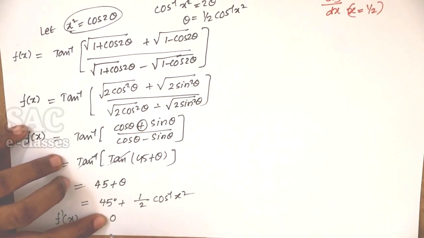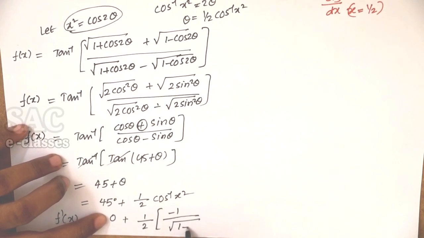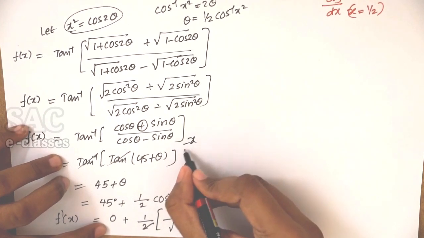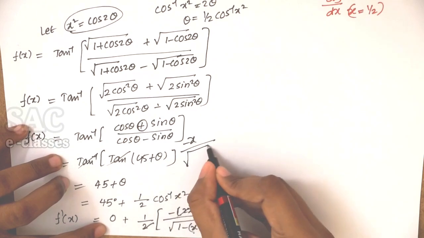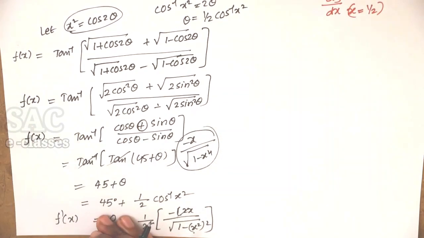Constant differentiation is 0. Plus 1 by 2 into cos inverse x square we can write as minus 1 by root over 1 minus (x square) whole square. Then x square differentiation is 2x. Then clearly the answer is minus x by root over 1 minus x power 4, the differentiation of the given function.